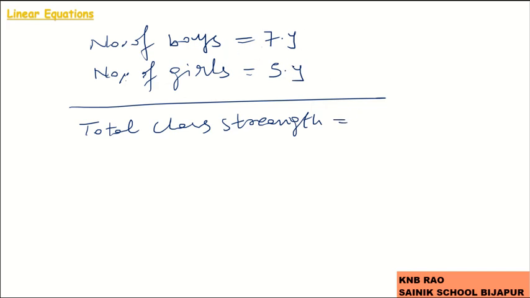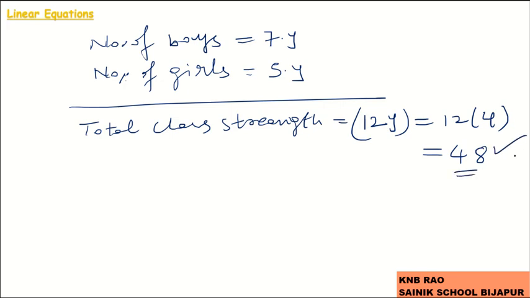That means 7y plus 5y, which is 12 times y. So, that means 12 times the ratio constant 4 gives us the total strength of the class, that is 48 is the total strength of the class.